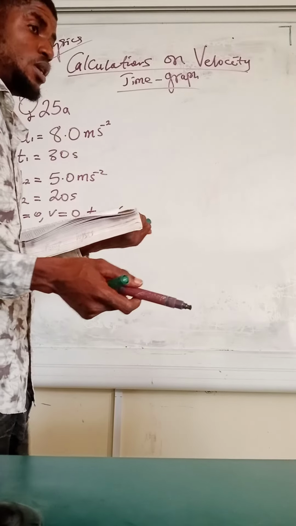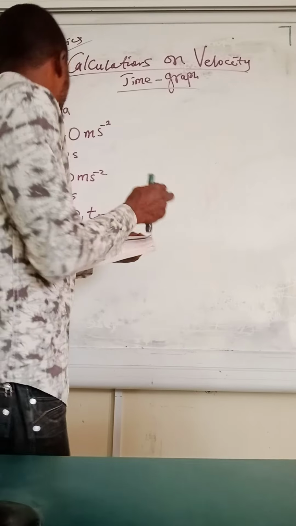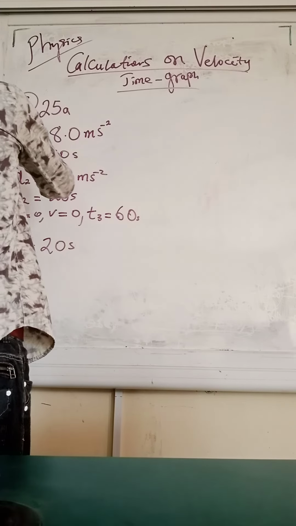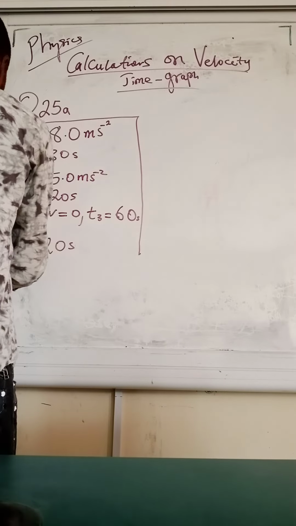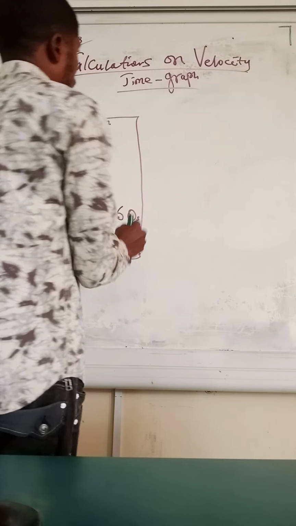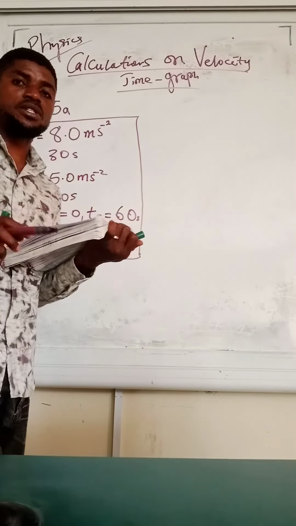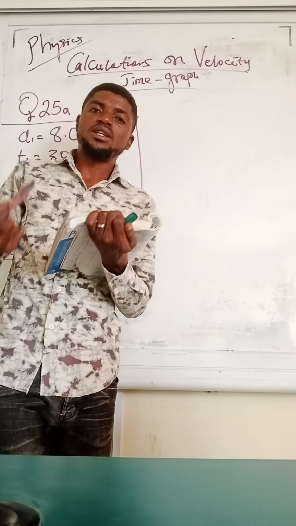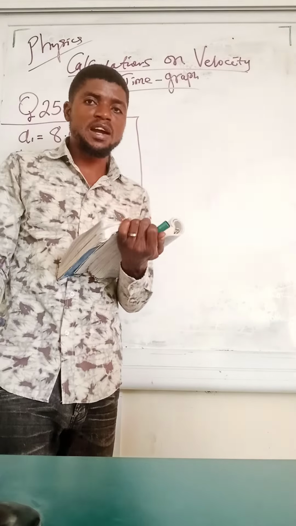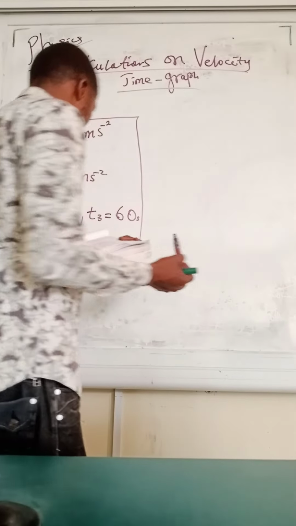It is possible, provided we know how to go about our equations. But for the sake of clarity, we will convert all this acceleration to velocity, because the examiners did not say we should plot an acceleration time graph, but a velocity time graph. Do you get it? So let's move on.